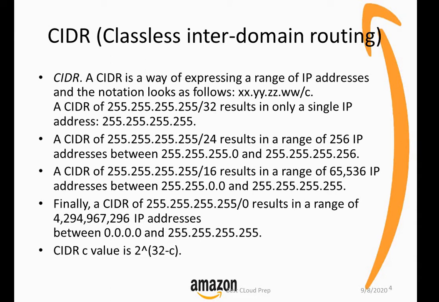The formula is at the bottom. Just look at the last point: the number of IPs is 2 raised to the power of 32 minus C. So if C is 32, 32 minus 32 is 0, and 2 raised to power 0 equals 1. So that is a single IP address. Similarly, you can calculate this. Remember this formula and everything will be easier.